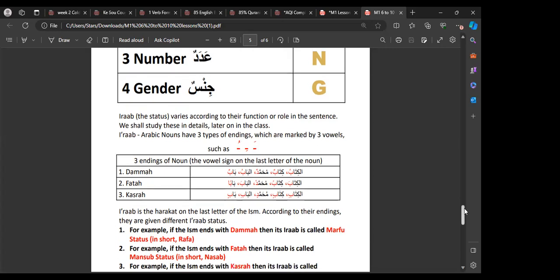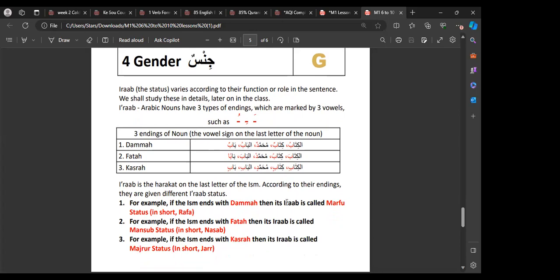The meaning of marfu and mansub and majroor, you've just explained. That's what it means. So they have status. They have their linguistic meaning. So for instance, marfu means something that is raised. But the meaning in this case is not important and it will complicate things more than it needs to be.